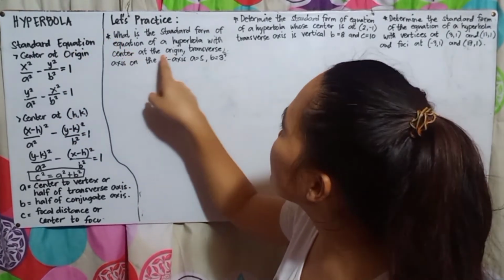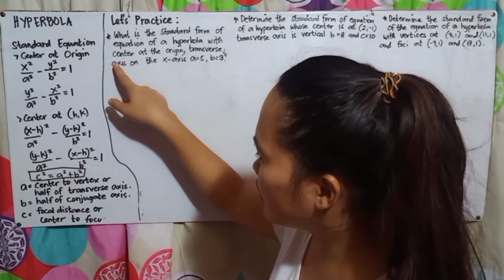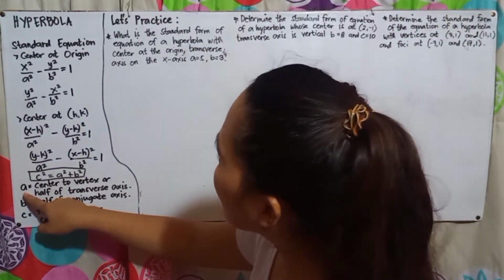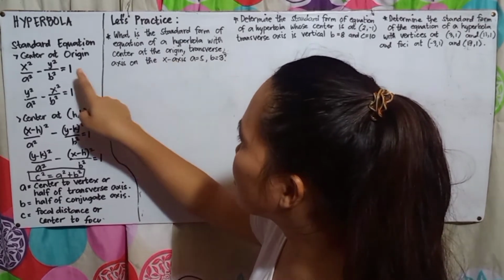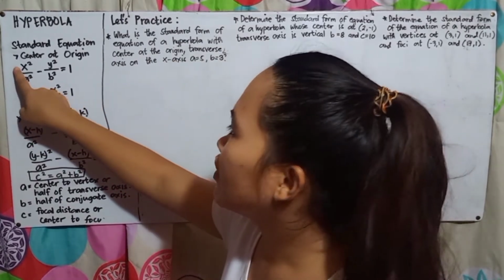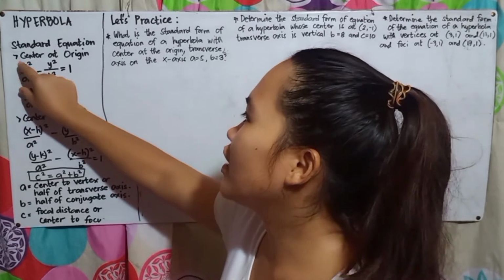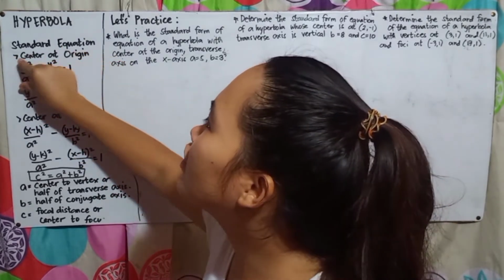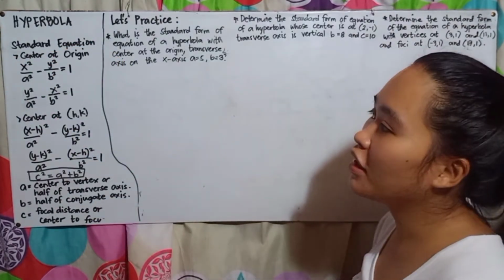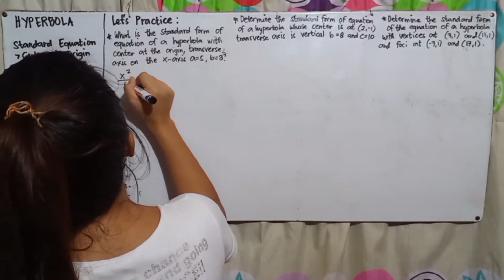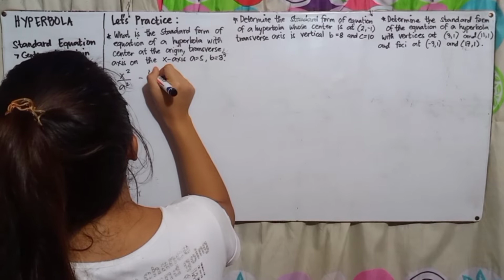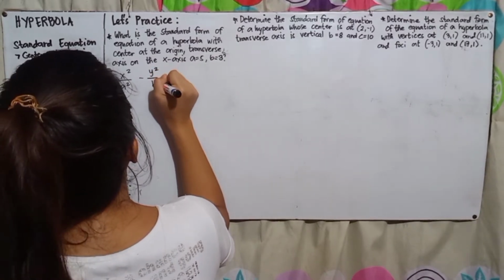So, since ang our transverse axis or our A is at the x-axis, kana ato ang himuon. Kana ato ang sulugan. So, x squared over a squared minus y squared over b squared equals 1.